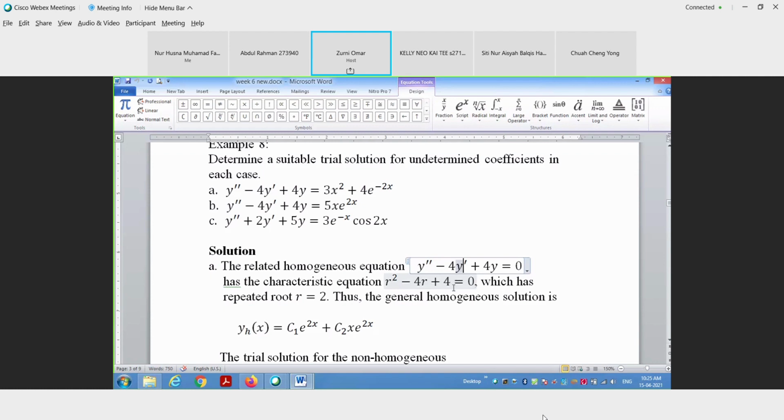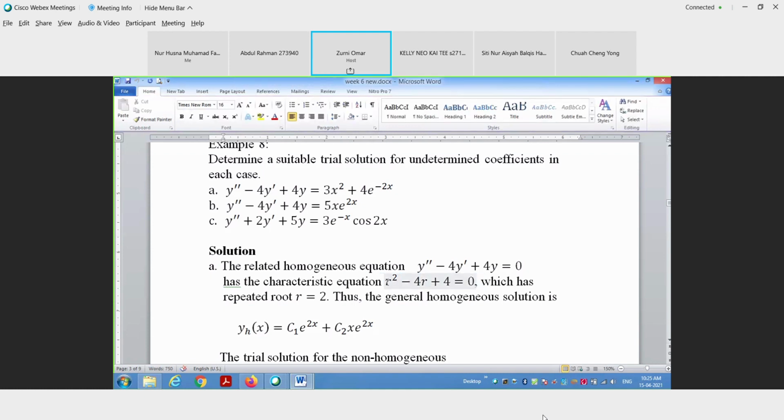Meaning that we have repeated roots, because b squared, with b equal to minus 4, is 16, minus 4 times a times c, which is 4 times 1 times 4, is 16. So 16 minus 16 equal to 0, and that's why we have a repeated root here.